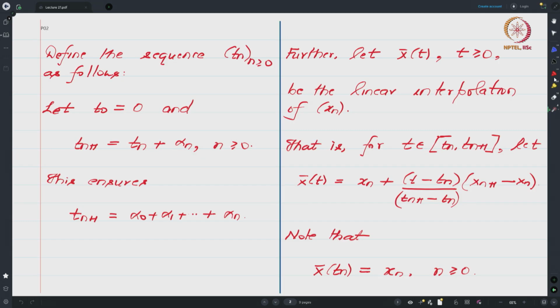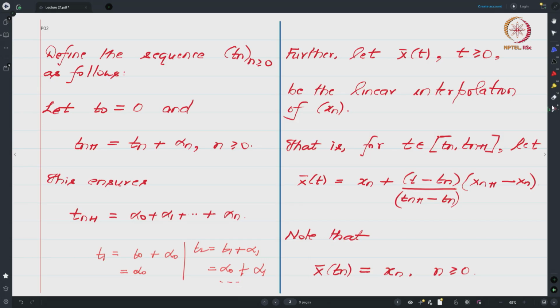So, this means that your T1 will be T0 plus alpha 0, and since T0 is 0, this is basically alpha 0. Now, your T2 similarly will be T1 plus alpha 1, which is equal to alpha 0 plus alpha 1 and so on.